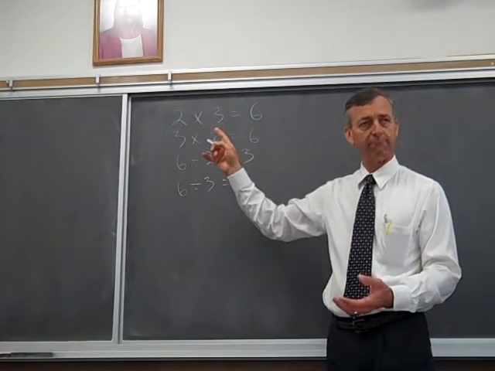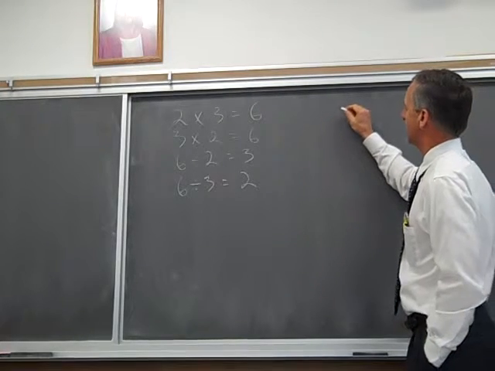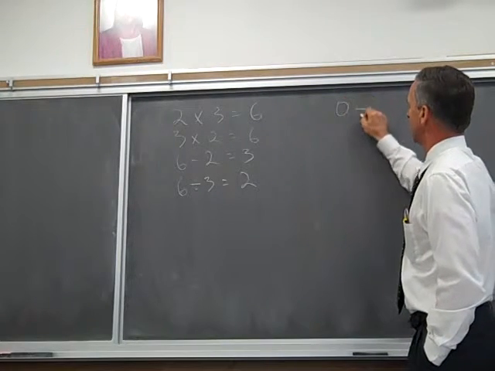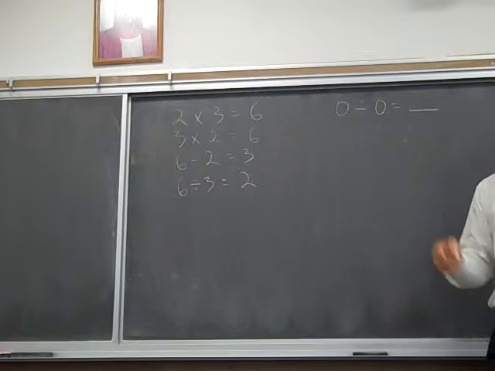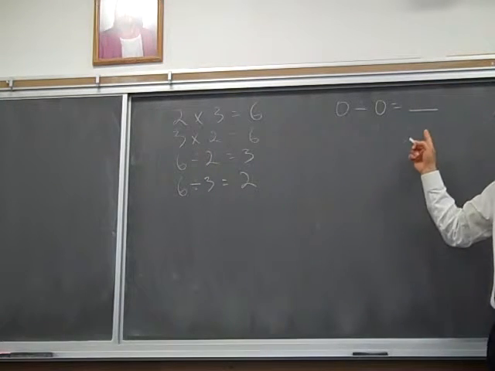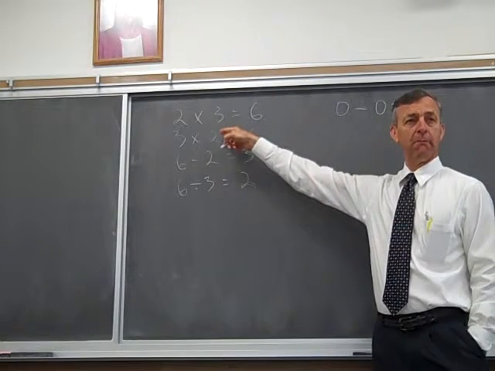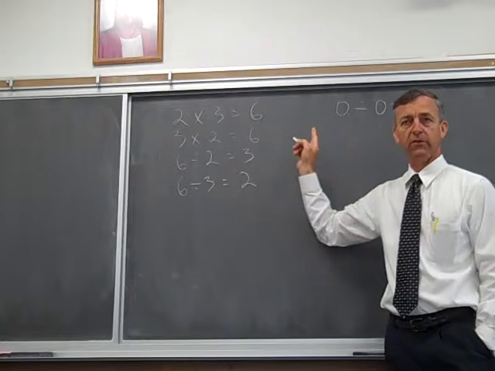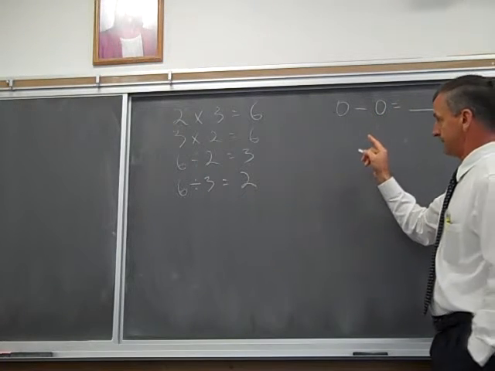So now, if I've got 0 divided by 0 equals blank, and we're trying to figure out what the answer is, put it in a multiplication member of the same family. So how do we do that? 0 times blank equals 0.